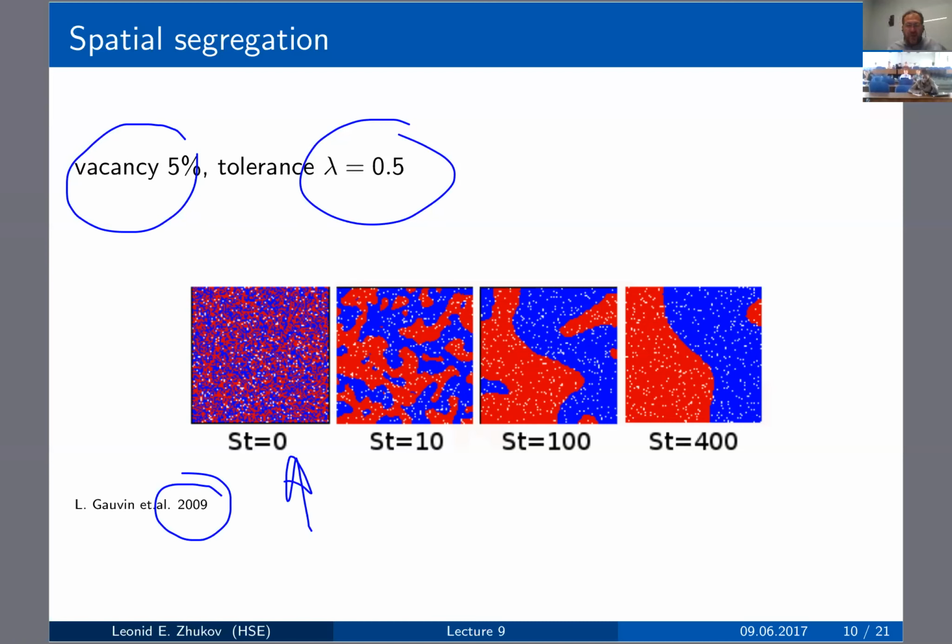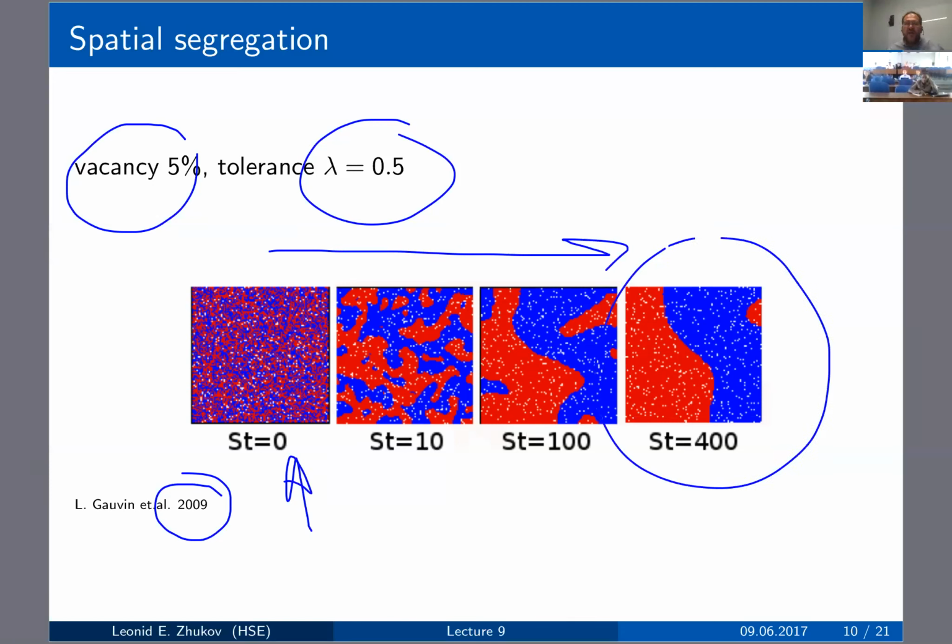But what you can notice, surprisingly, is that in spite of the fact that every agent in this game is quite tolerant himself, 50% is a good tolerance level, we still get segregation. It forms first into small islands, which join, and eventually you get a complete segregation.